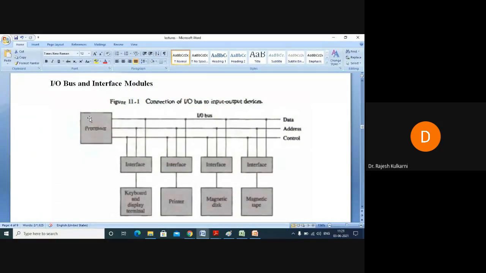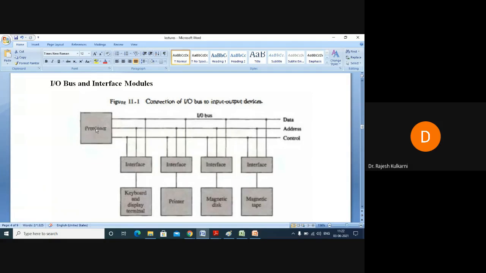This is your CPU. So CPU has an IO bus, and this IO bus has separate lines like data lines, address lines, and control lines. Every peripheral device has its own interface unit.